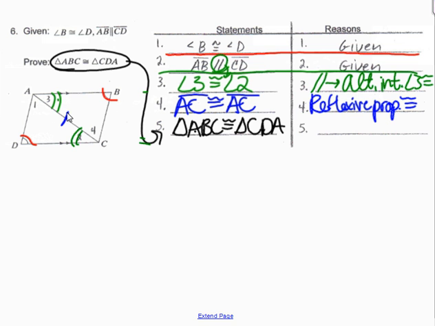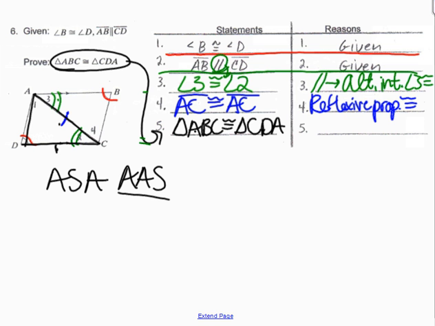So I have two angles and a side, but there's two of them like that. There's the ASA and the angle side. I have to pick which one. Well, the side is not included. So if you just look at this one and the markings, notice how that blue side is not in between my two angles here. So this reason is going to be angle side.